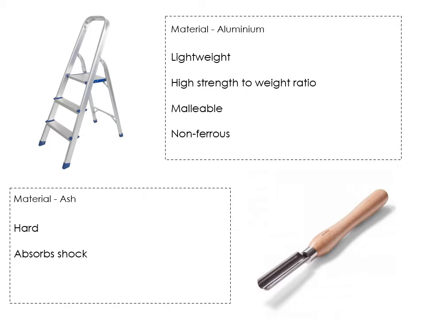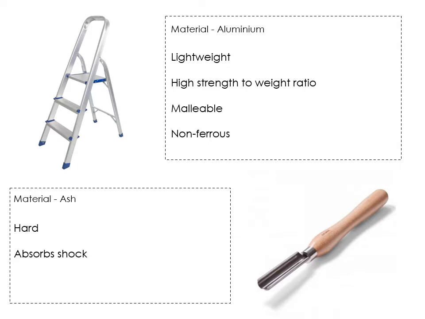Aluminium is also a malleable material, meaning that it's easy to form into different shapes, so hammered and shaped, and it's also non-ferrous, which means it's not going to go rusty outside, it's got no iron in it, so therefore it doesn't need to be painted or have any type of finish on it.